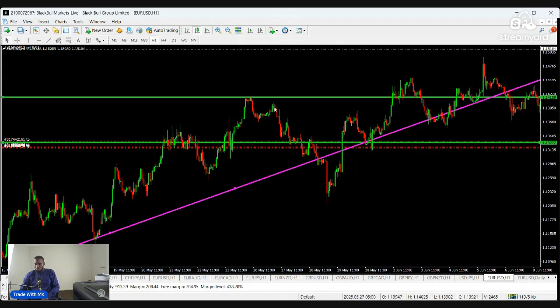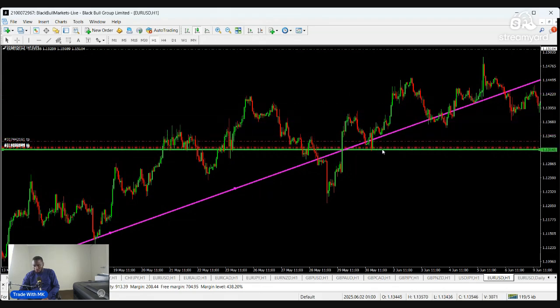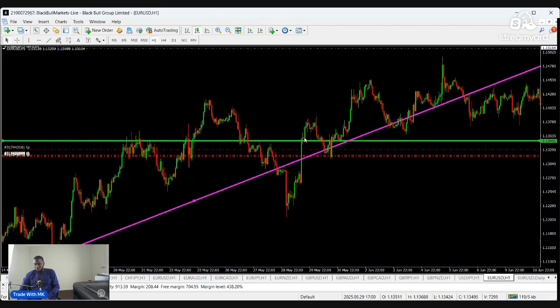It came back. So what some people will do with a fake breakout is look for their support, the previous resistance that was here, which is this one. Out and break out there, they will buy from there.